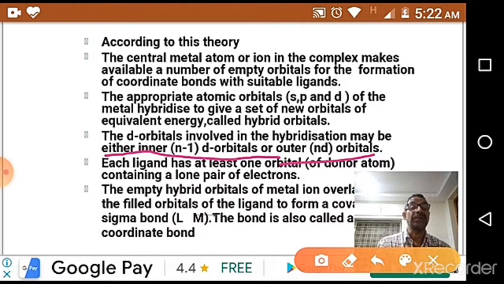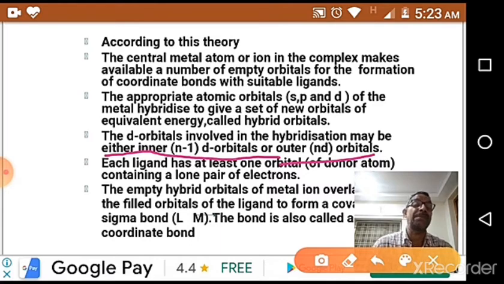Okay, vacant. So in the case of the 3d series, there are two possibilities for participation in hybridization: the (n-1)d orbital or the nd orbital. Here nd means 4d, and (n-1)d means 3d for the 3d series. So two types of d orbitals may participate.